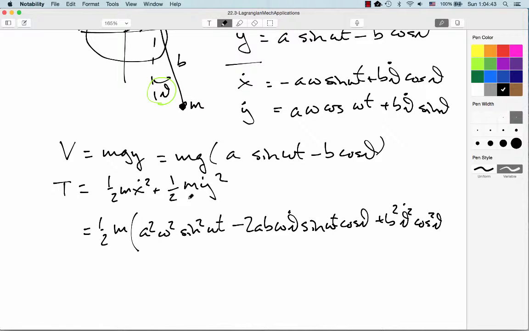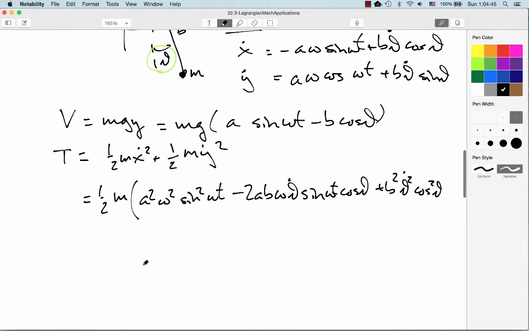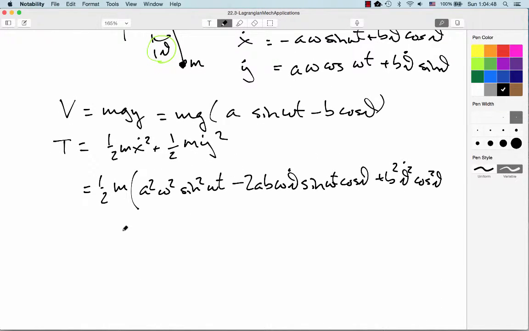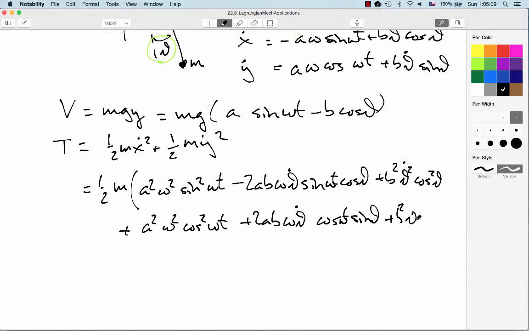We can pull out a 1/2 m here, so let's just roll on to the y dot squared. It'll be very similar: plus a squared omega squared cosine squared omega t plus 2ab omega theta dot cosine omega t sine theta plus b squared theta dot squared sine squared theta.